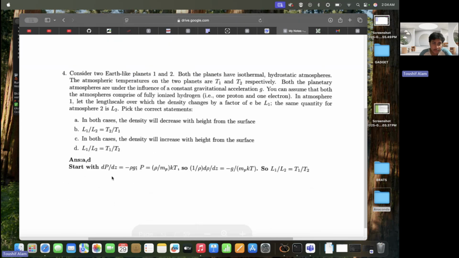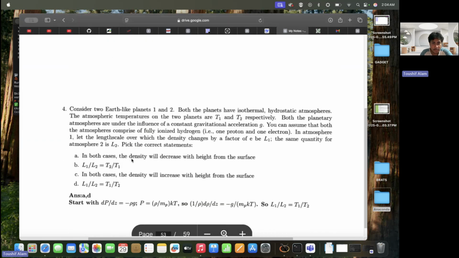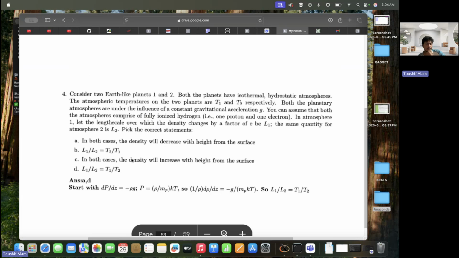We know the pressure gradient. Simply, pressure is rho g h, so from that we know that dP/dz is minus rho g, as the direction is altered. The higher we go, the density will decrease and the pressure will decrease. And P is equal to rho kT by mp.